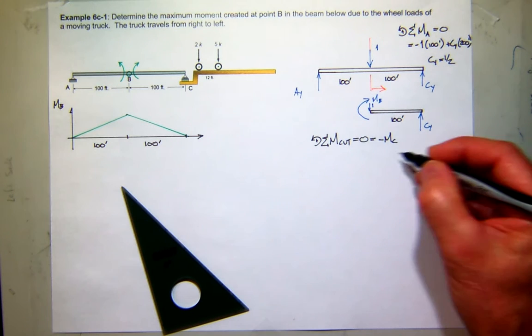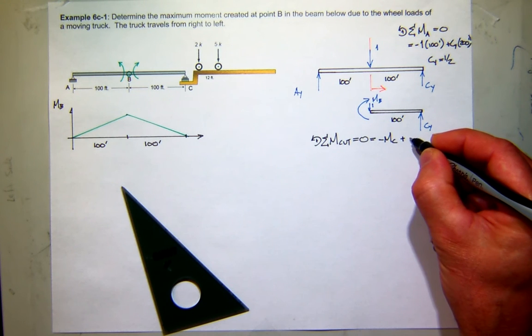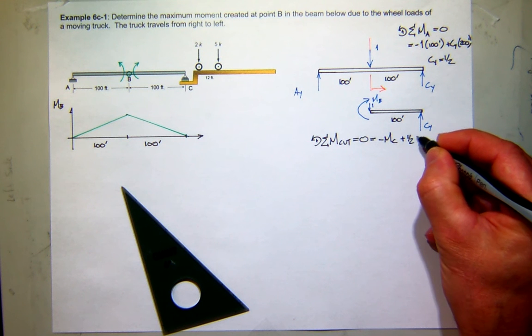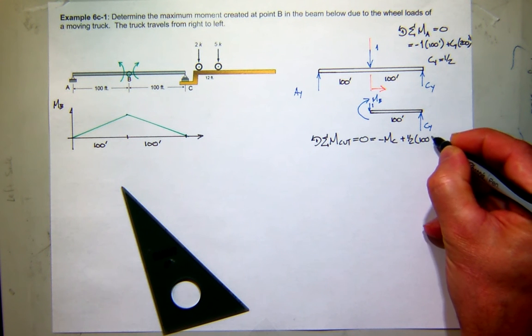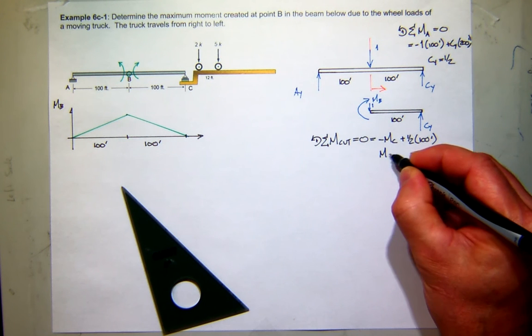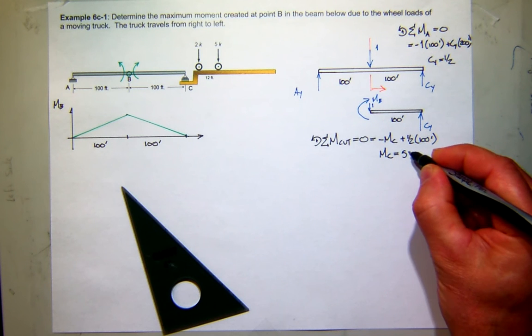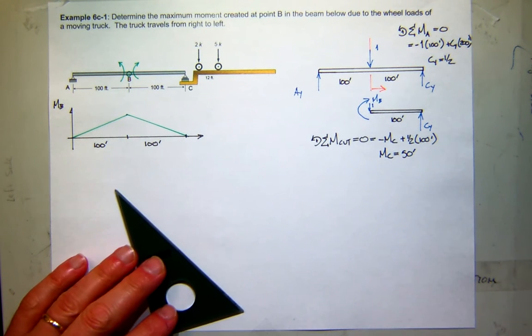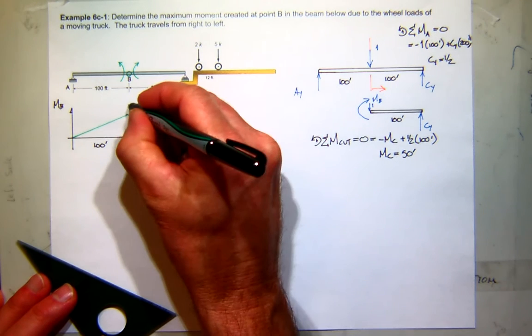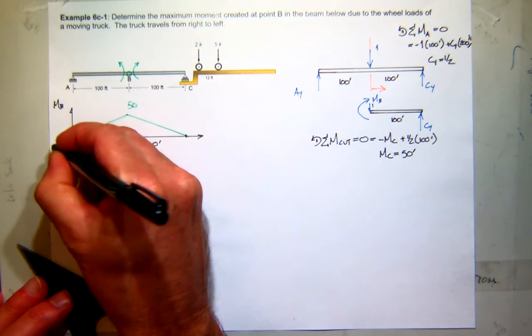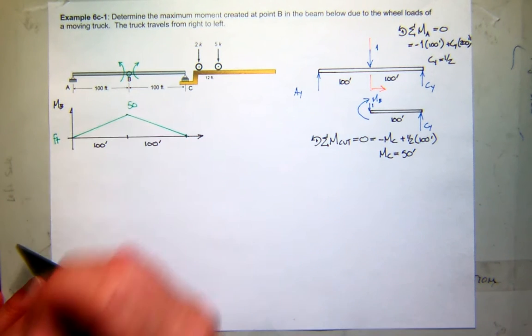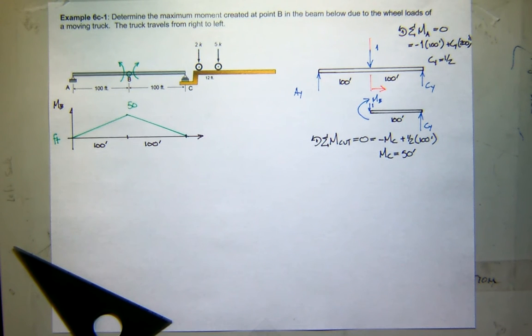CY creates positive moment, and CY is equal to a half, and the length is 100. So it looks like the moment at B is 50 feet. So now I can come back over here and say this is 50, and the units of my diagram are in feet. Okay? So that's kind of like a third of the problem.